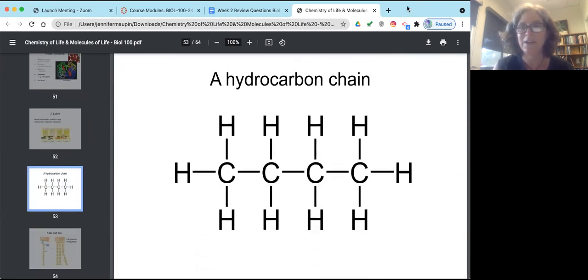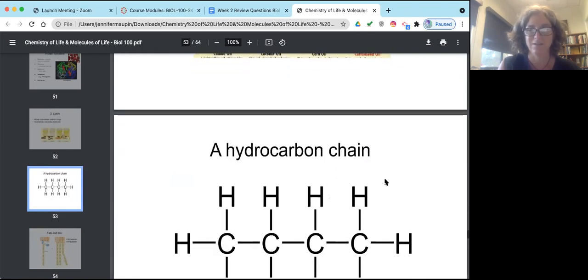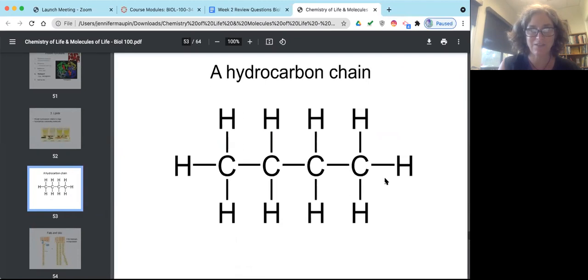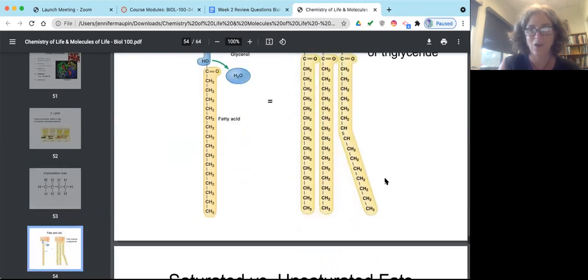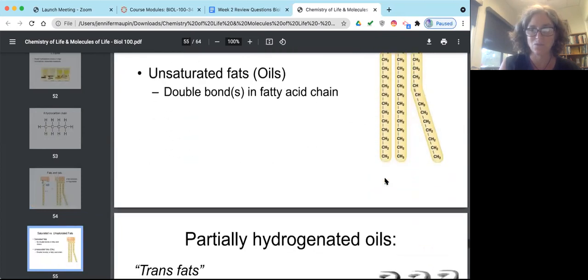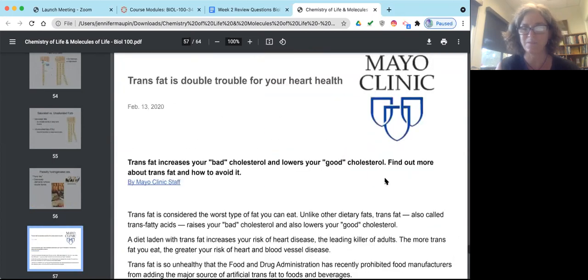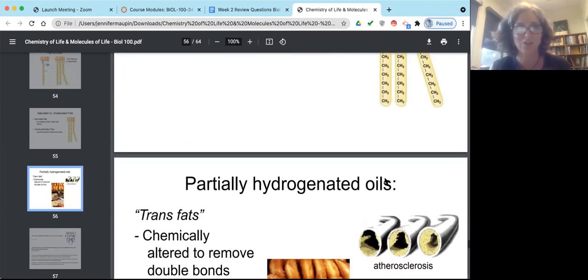A big component of lipids is often that they will have a hydrocarbon ring or a hydrocarbon chain. So this is a hydrocarbon chain that you should be seeing right now. And hydrocarbon rings, we saw some of those, I think, when we were looking at some steroids, but sometimes it's a ring structure, sometimes it's a chain structure.